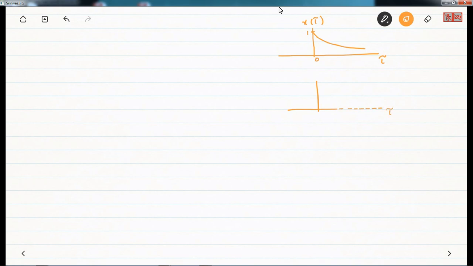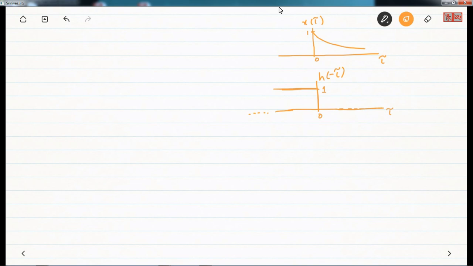And this is tau, and I'm plotting directly h of minus tau. This amplitude is 1 and it goes up to infinity like this.